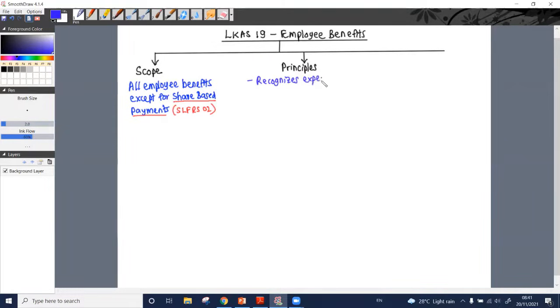Recognizes expenses. This is one principle. Recognizes expenses when the employee earns it, and not when it is paid.